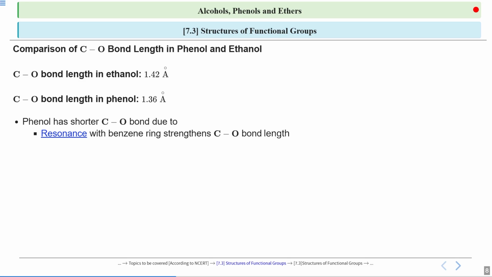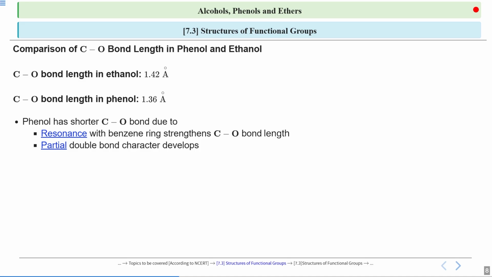So the resonance strengthens the CO bond between the carbon of the benzene ring and the oxygen of the hydroxyl group, which is one of the reasons for the shorter CO bond length in phenol.